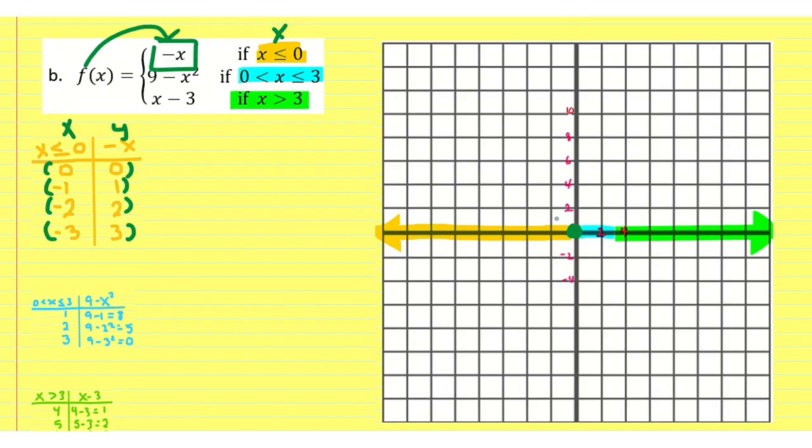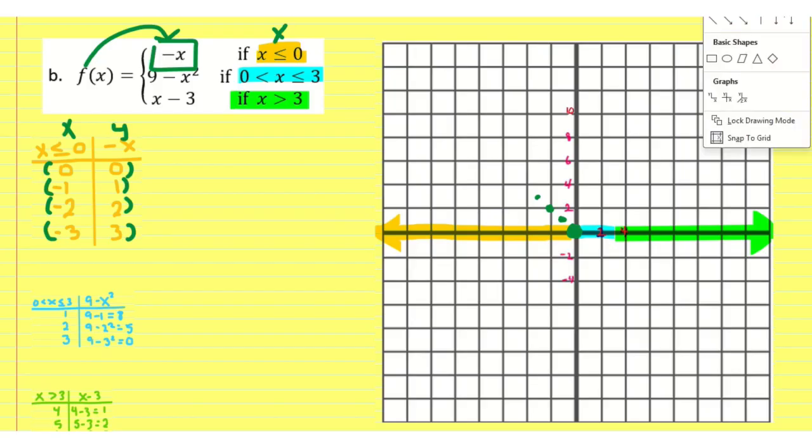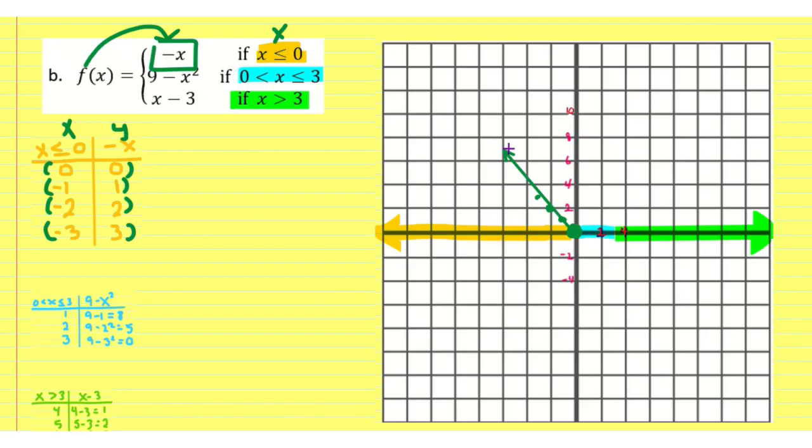So that means I'm going to put it at negative 1, 1, which will be about right there. And then negative 2, 2, that will be on the corner of those two intersecting lines. And then negative 3, 3, so it'll be about right there. Okay, so again, I can put a line headed in that direction. Okay, that looks close enough.